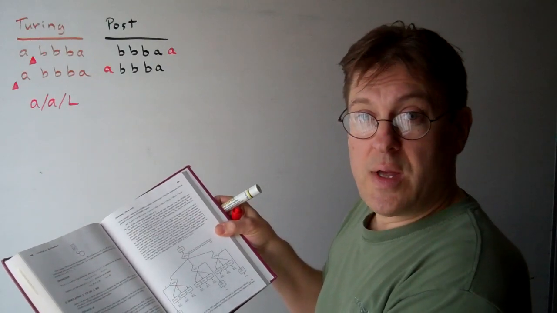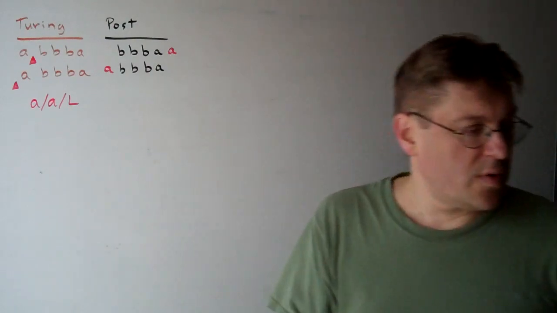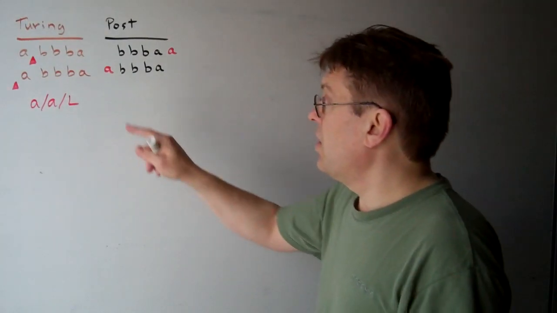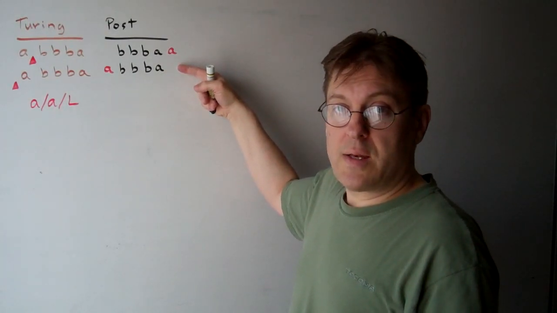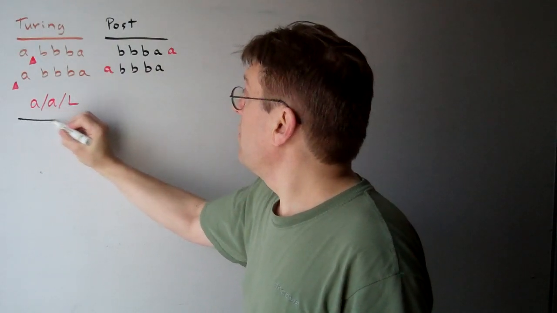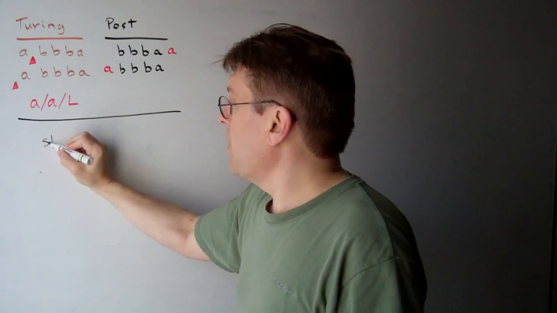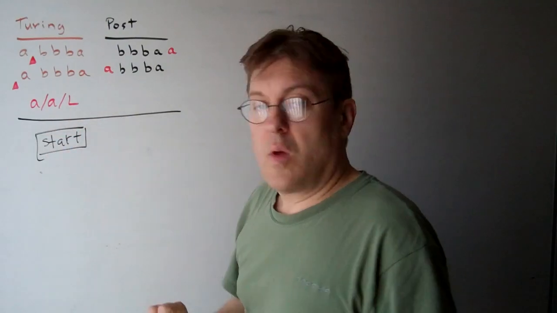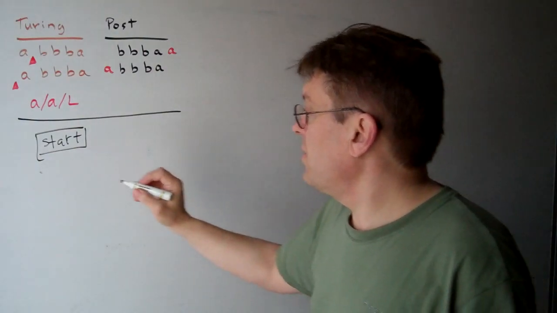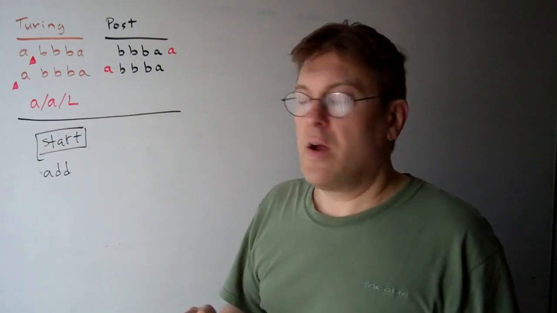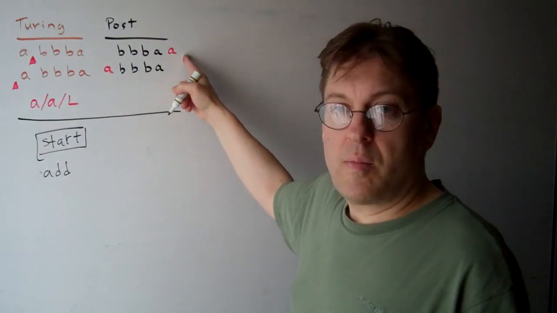They're going to use 3 letters in their alphabet. I'm just going to show you with 2 letters in the alphabet. Basically, you start. We're going to go from here, and we're going to get to here. We do a start, which is the first step in the process. Then we're going to add some kind of a character at the end of this Post machine.